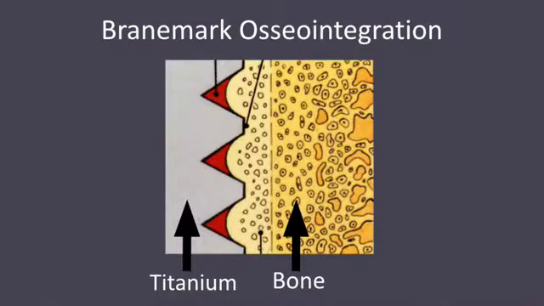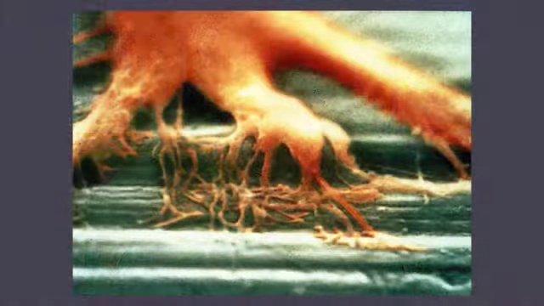His research reinforced the concept that there was some type of special attraction between bone cells and the titanium implant surface. He published a number of articles and produced images that reinforce this concept.